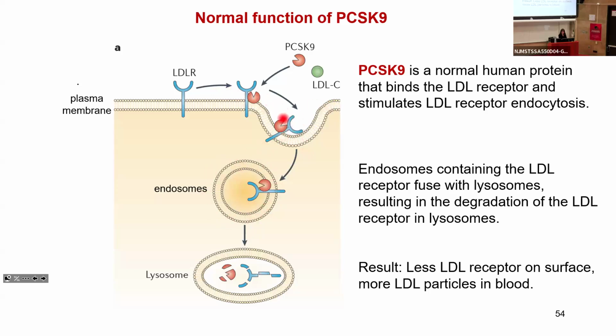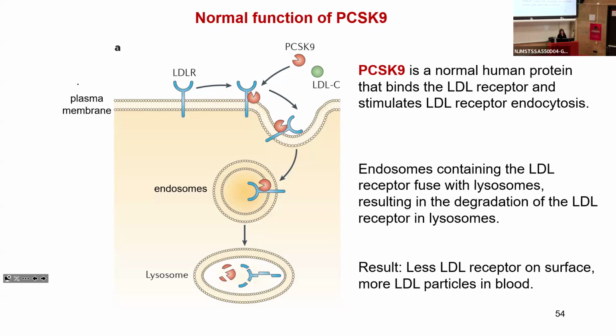So LDL is not being bound to this, but the receptor is going inside the cell. Endosomes are fusing with lysosomes, and it's getting degraded. So basically, you're taking away good LDL receptor that could be doing its job. And so now what ends up happening is you have less LDL brought into the cell.